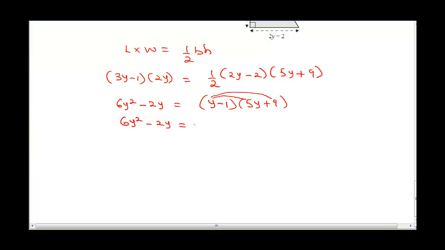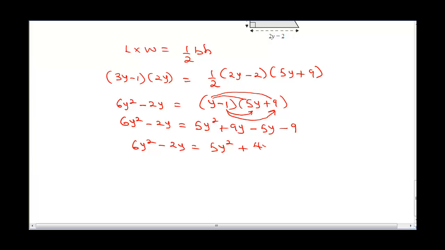So y times 5y is 5y squared. y times 9 is going to be plus 9y. So you have minus 1 to multiply this, and you have this to multiply this. So minus 1 times 5y is going to give us minus 5y, and minus 1 times 9 is going to give us minus 9.